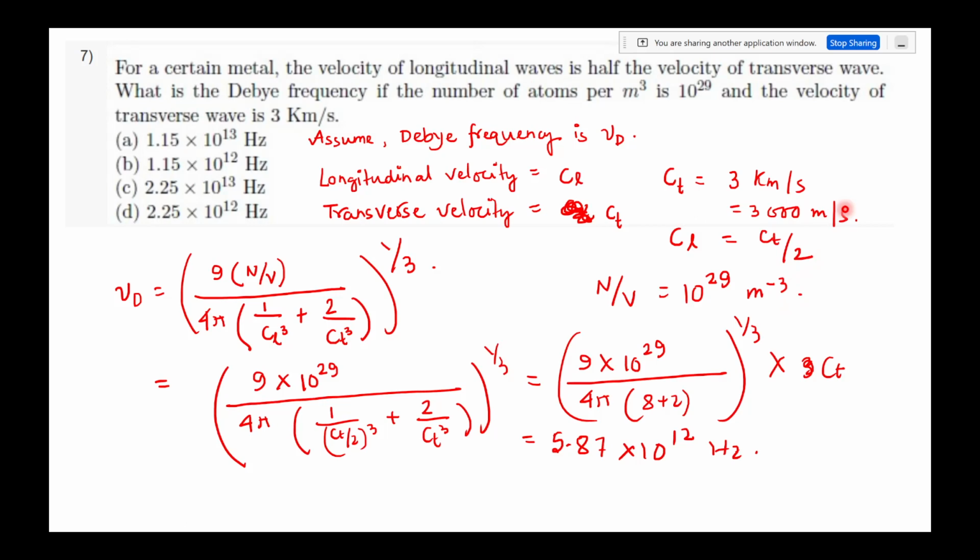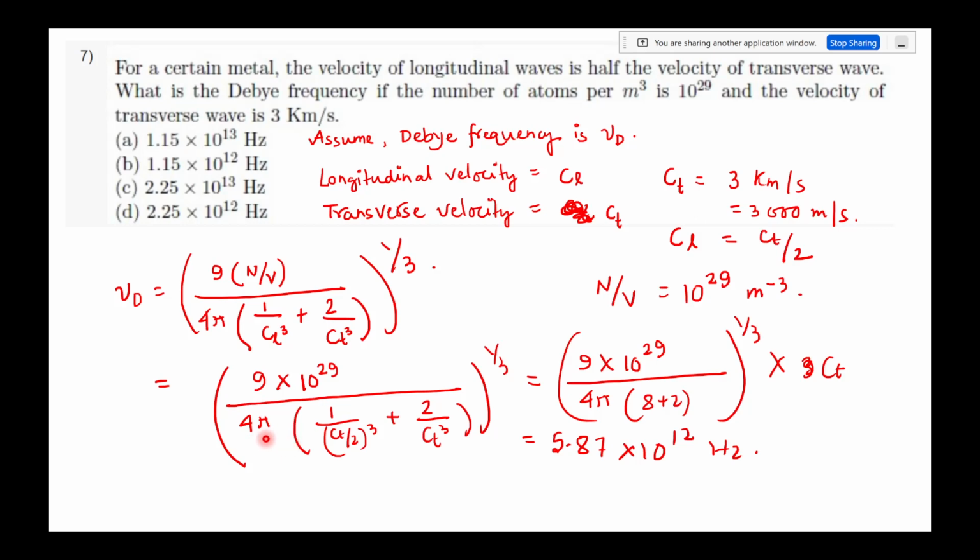CT by 2 means 1500, whole cube, correct. And why do you multiply with CT again? No, this is coming out to be CT, right? From this step to this step. So this is CT cube, right? If you take CT cube outside from this bracket, then here it will be 1 by CT cube.